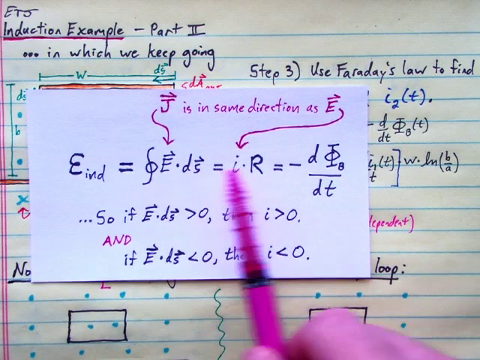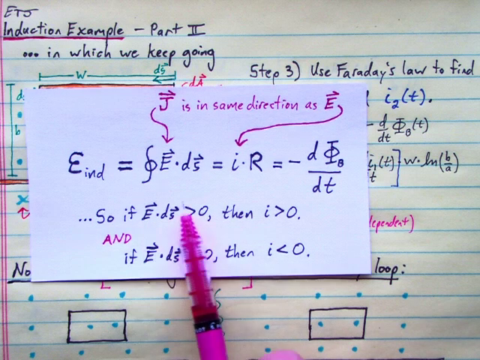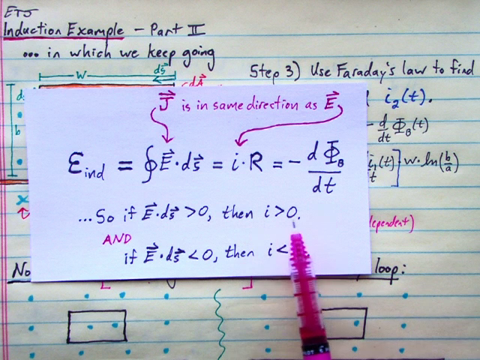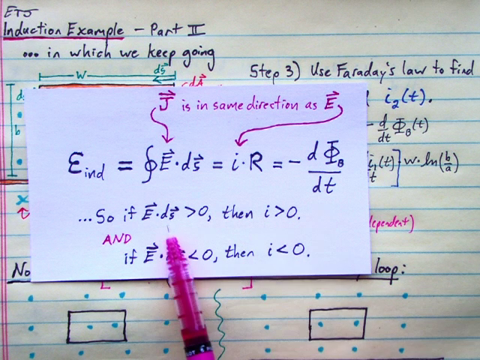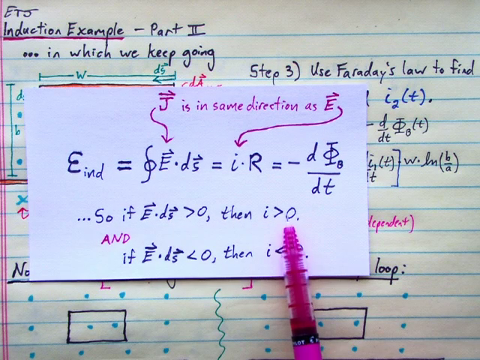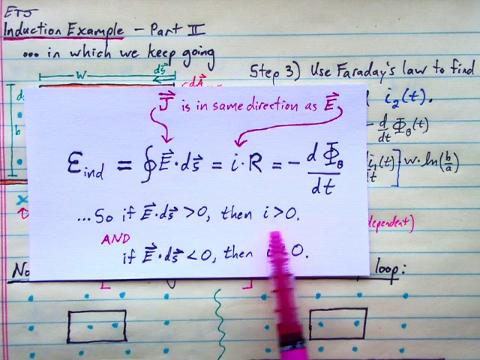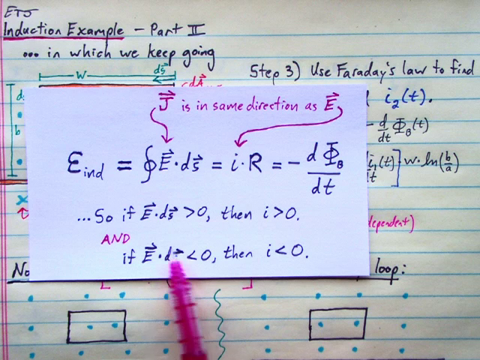They're in the same direction. So if E dot ds is greater than 0, then this I here will be greater than 0. That's why we're saying that if the current is in the direction of ds, then it's positive. Likewise, if E dot ds is negative, then I here is negative. So if the current is opposite ds, that's going to be considered a negative current.